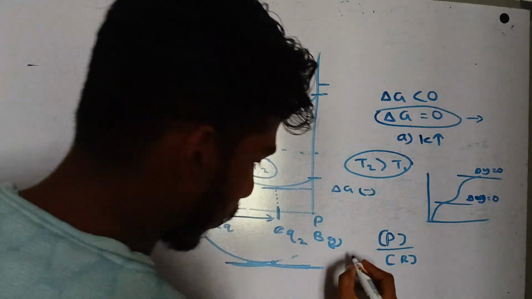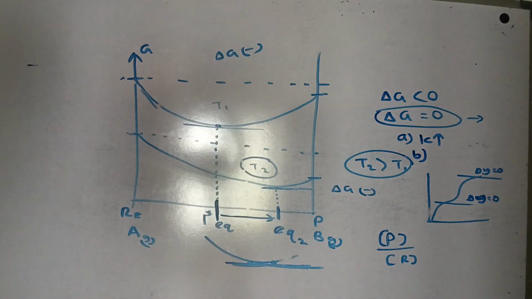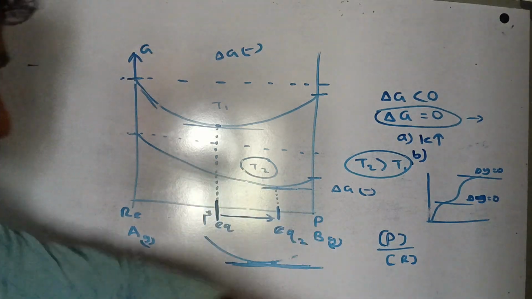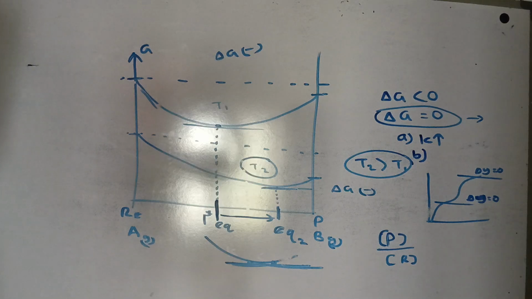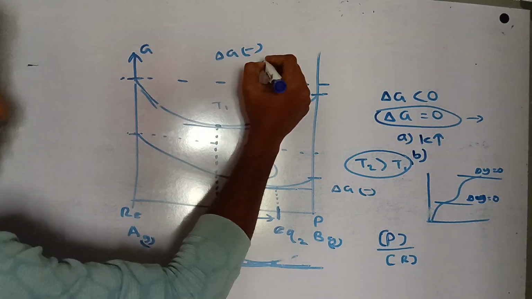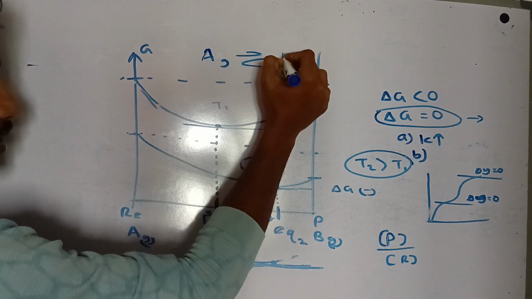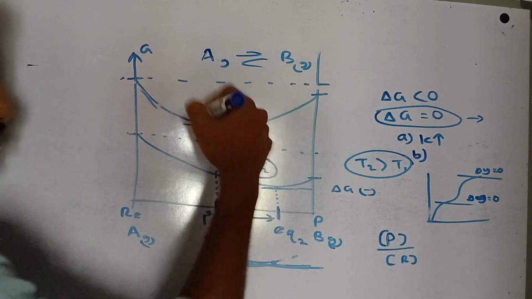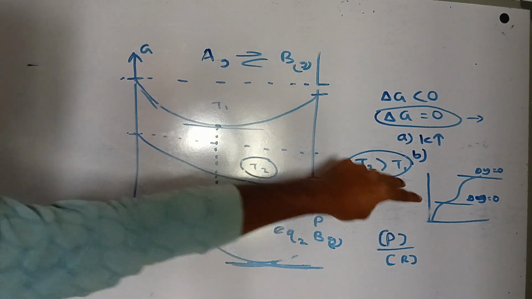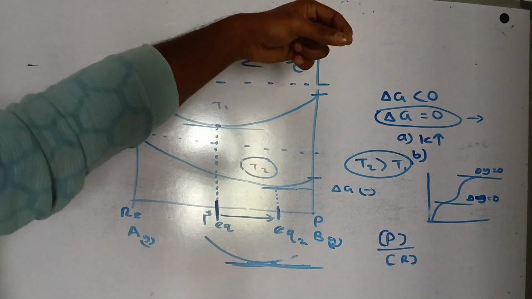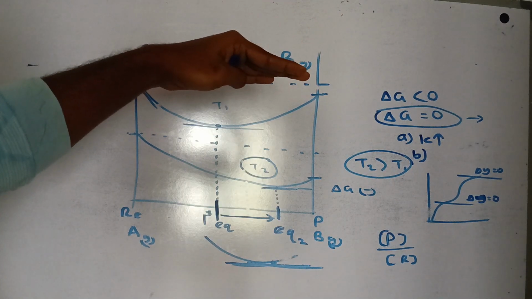Now if you look at statement B, you can get these sort of questions. That means without even having a graph, you can just get an idea about the equilibrium constant. Now it is actually A gas producing B gas. Let me erase it. A gas producing B gas. So the thing you should understand is, when I'm increasing the temperature, more B is getting produced, which means the forward reaction is favored in this case.